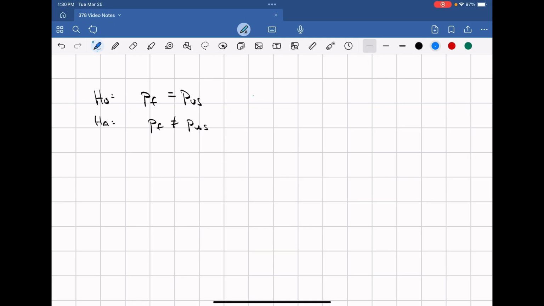So let's consider what this means. The proportion of France is equal to the proportion of the US, and I can shorthand that by just calling it the proportion. And so let's set up our test statistic. Our test statistic is similar to before: P hat F minus P hat US, minus PF minus PUS.